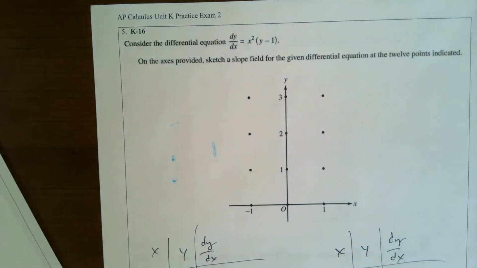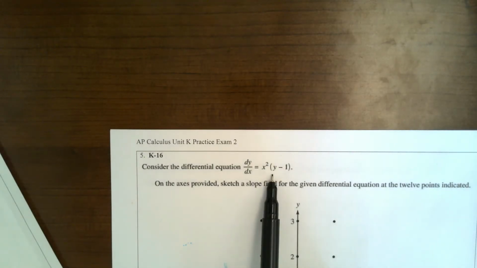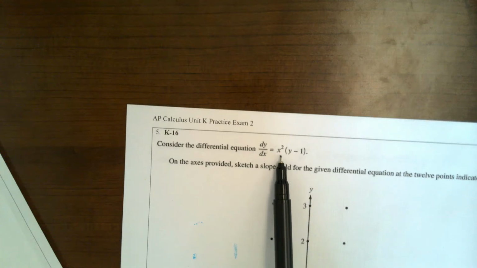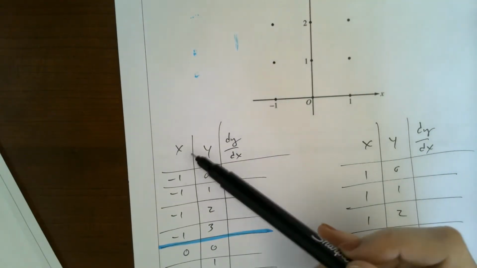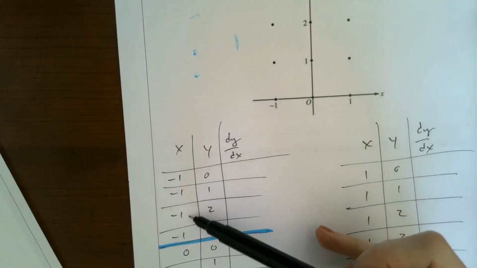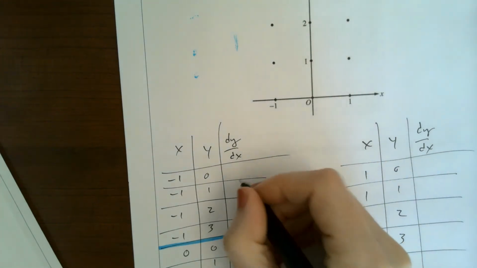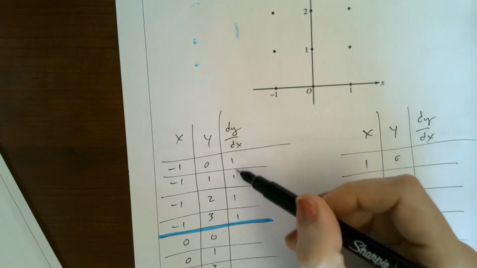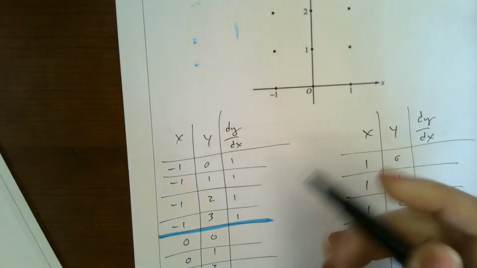Okay, now I've got to plug these x's and y's into dy dx. Okay, so the x is going here, the y is going there. Now guys, for this x, so dy dx is x squared times y minus 1. So if I'm squaring this x every single time, I'm just getting a 1, 1, 1, 1. All right, so that's the x squared. The x squared part is just going to be 1 every time.